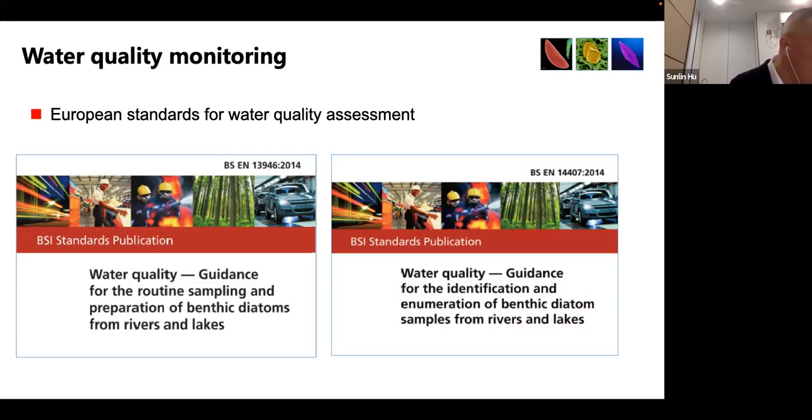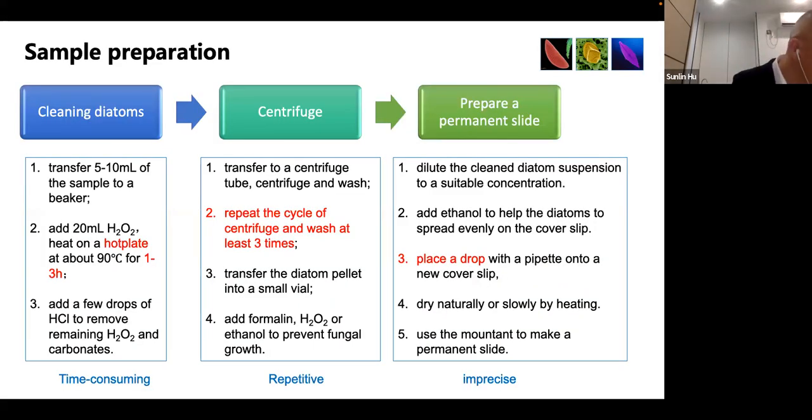The first one is about sampling and the preparation of benthic diatoms from rivers and lakes. The second one is about the identification and the enumeration of diatoms. For the first standard, the procedure also includes 3 steps: diatom cleaning by heating digestion, centrifugation, and slide preparation.